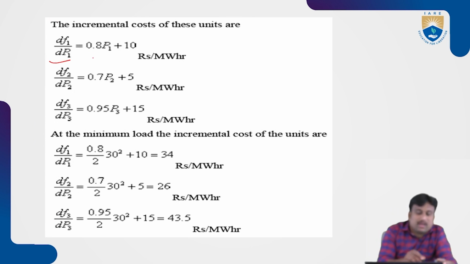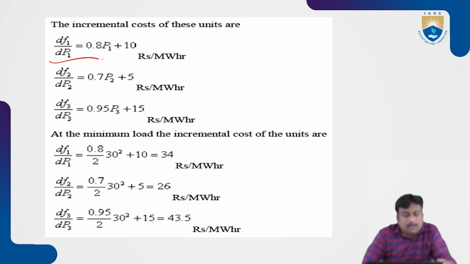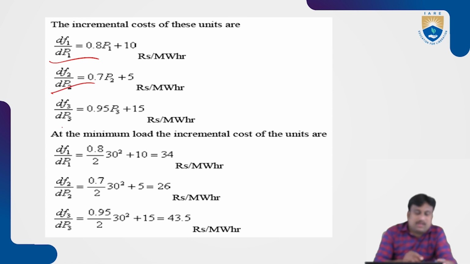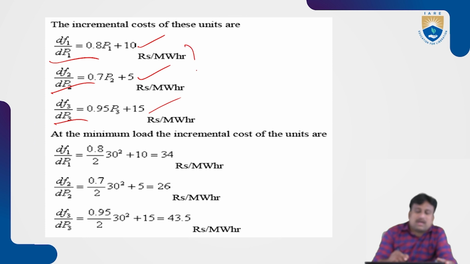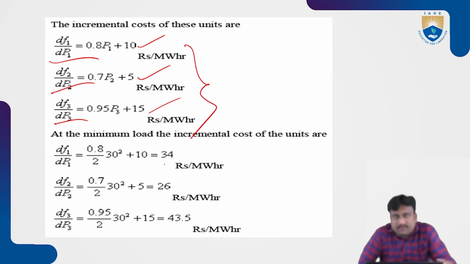df1 by dp1, df2 by dp2, df3 by dp3. df1 by dp1 is 0.8 P1 plus 10. df2 by dp2 is 0.7 P2 plus 4. df3 by dp3 is 0.95 P3 plus. All these are in rupees per megawatt hour, where df1 is the change in fuel cost, that is the incremental fuel cost 1, and df2 and df3 likewise.